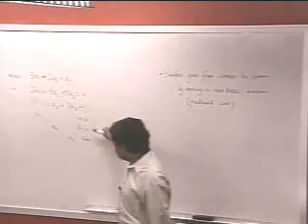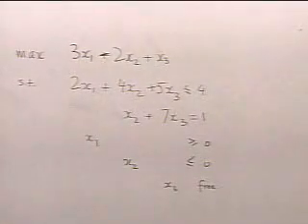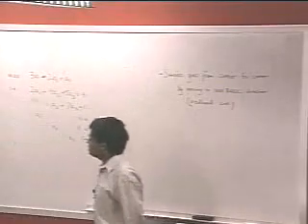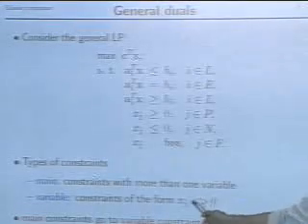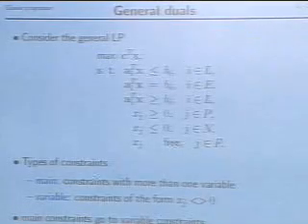These ones down here, which involve one variable at a time, will be called variable type constraints. This notation here would mean that I don't know what happens here. There is some sign. It's either greater than 0, less than 0, or free.